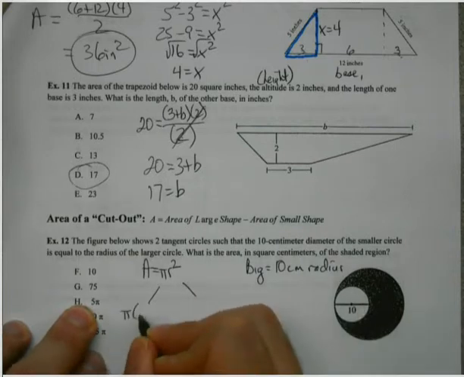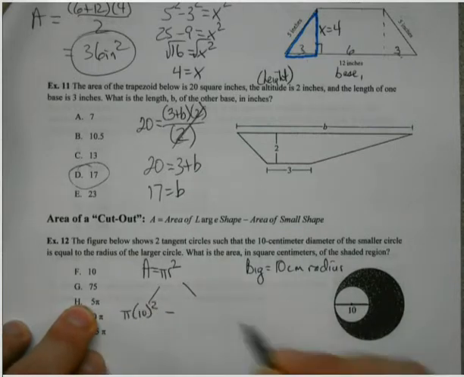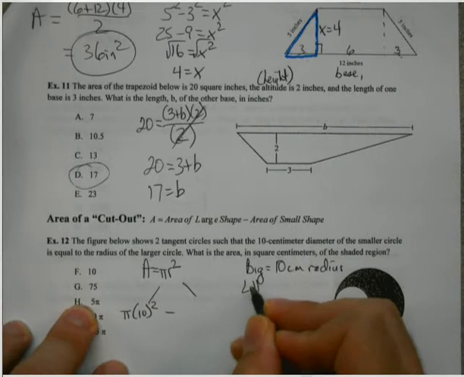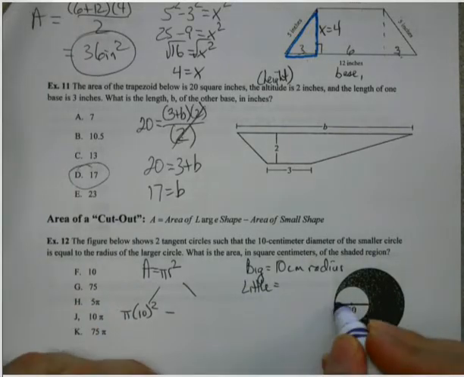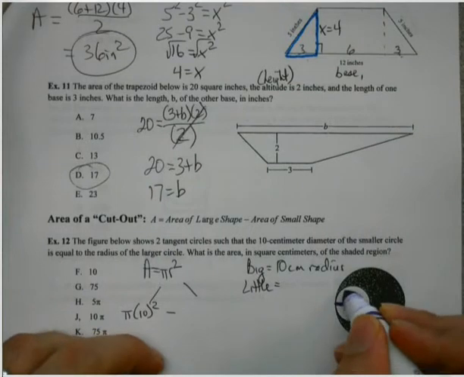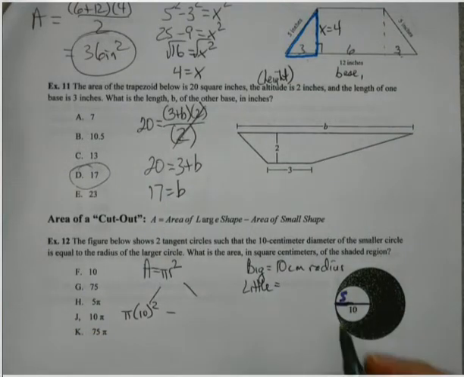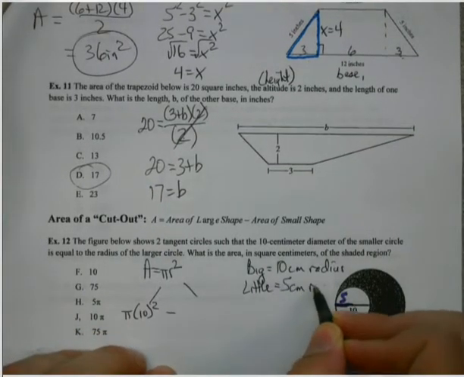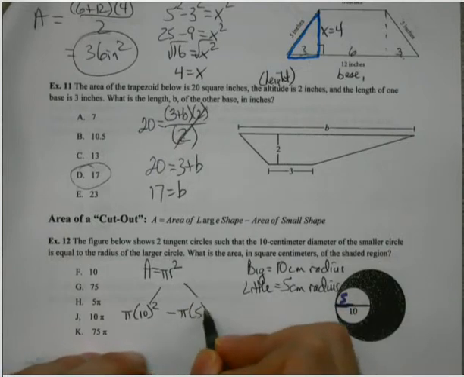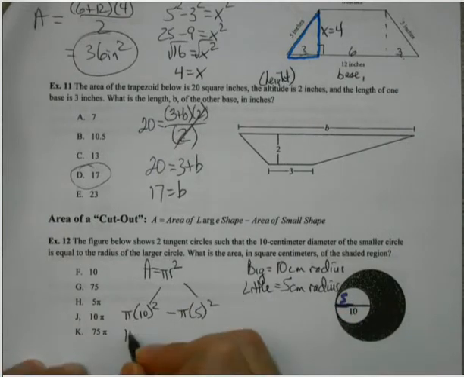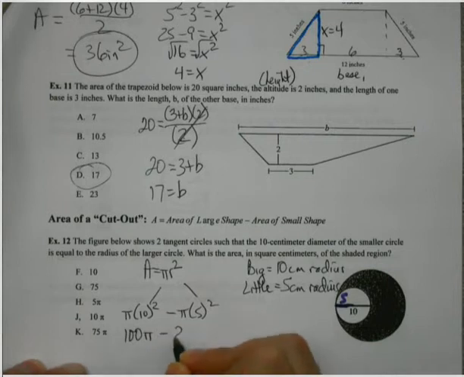So pi times 10 squared. Then for the little circle, we only want half of it. So we get a radius of 5. So pi r squared. 100 pi minus 25 pi.